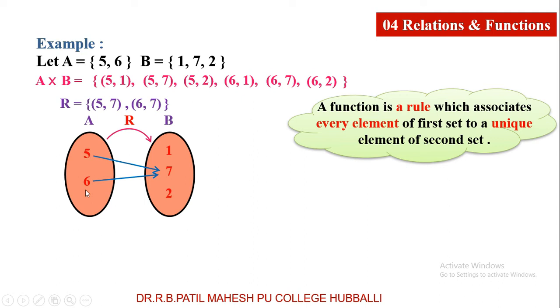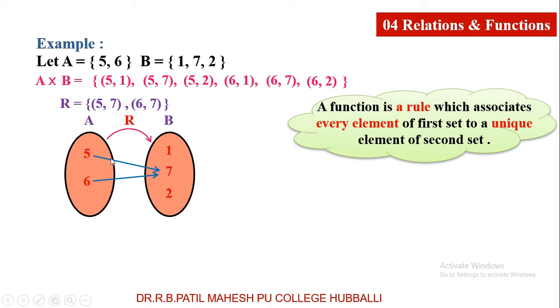Set A consists of 5, 6, set B consists of 1, 7, 2 and the relation is 5 to 7, 6 to 7. You can see the diagram, 5 is related to 7, 6 is related to 7. A function is a rule which associates every element of first set to a unique element of second set. Does this relation satisfy it?